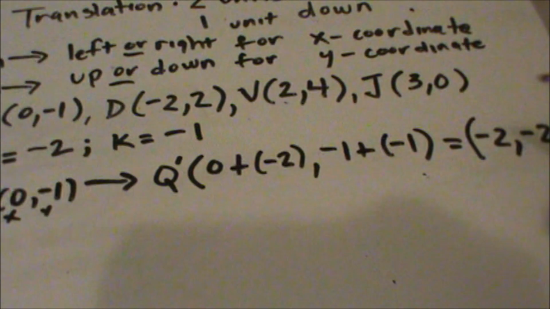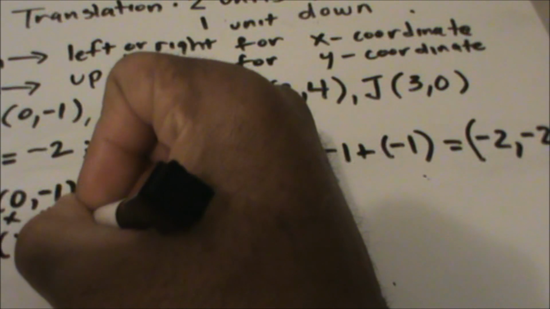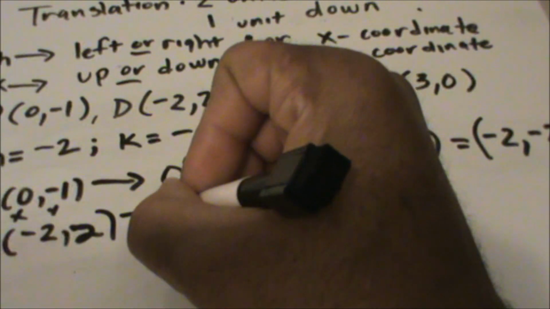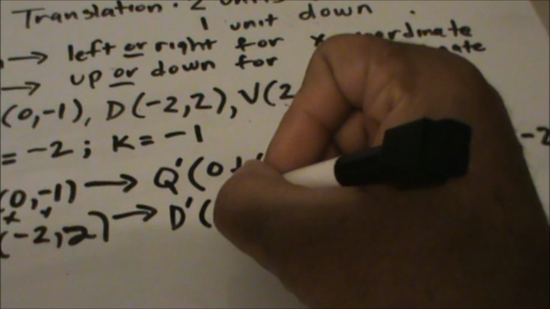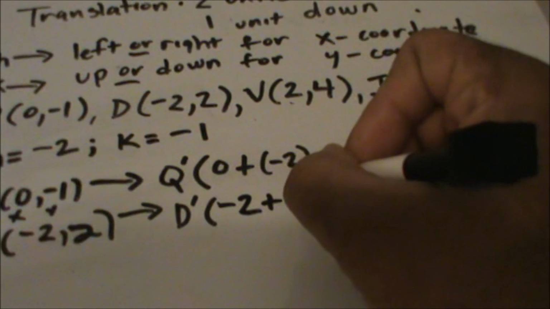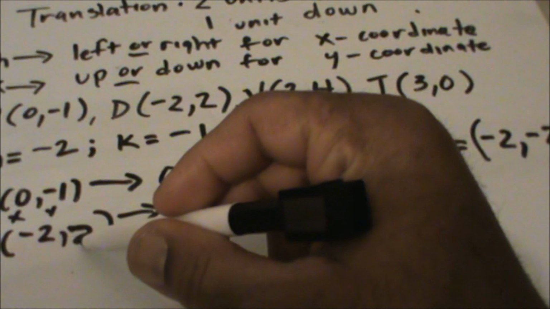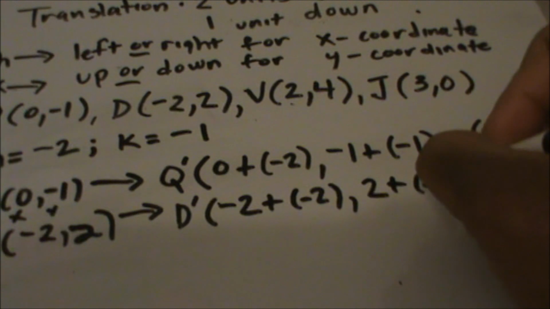Now your next point is D. D is (-2, +2). This will be your transformation D prime. We do the same thing: -2 is X plus H, which is -2, comma, +2 for Y plus -1 for your K value.